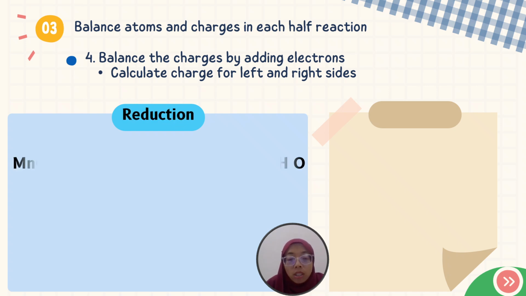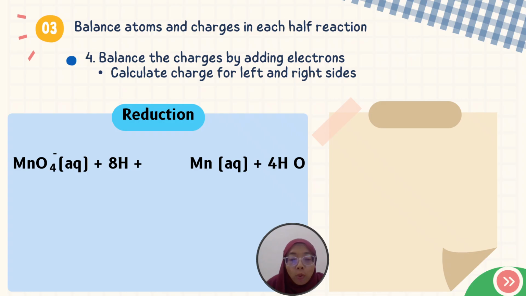For the reduction, the equation is MnO4- plus 8H+ forming Mn2+ and 4H2O. We must calculate the charge on the left and right sides.